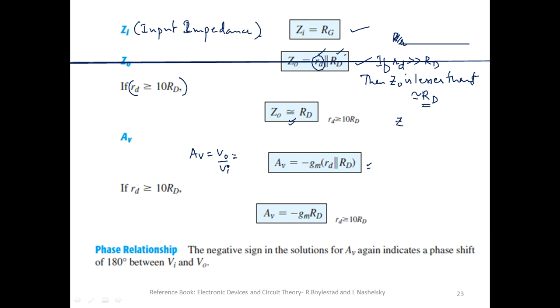Please understand this is the expression for two resistors which are in parallel. Then what about the phase relationship? Just for information, the negative sign indicates that a phase shift of 180 degrees exists between input voltage and output voltage.